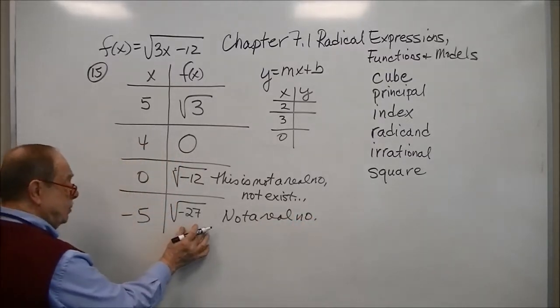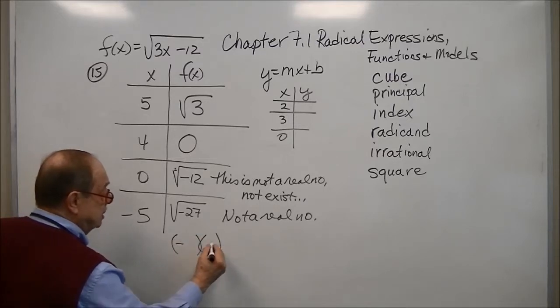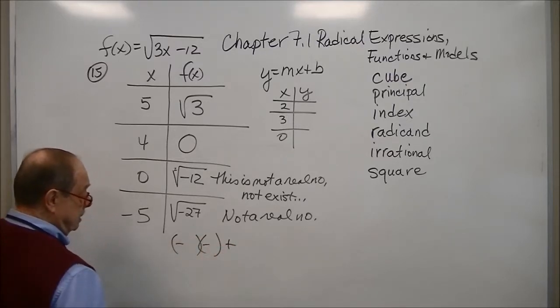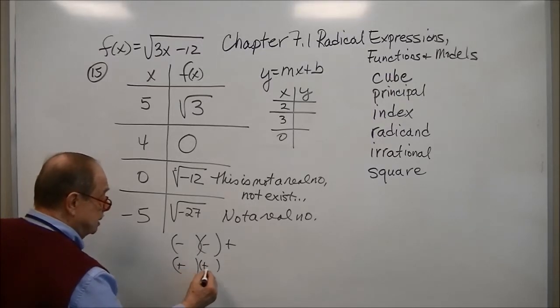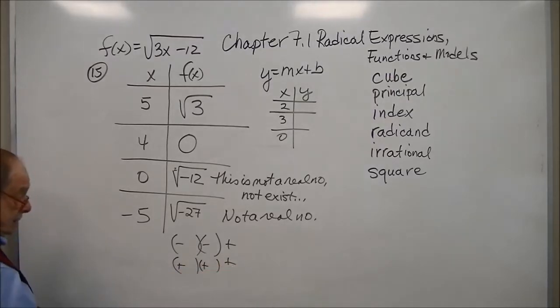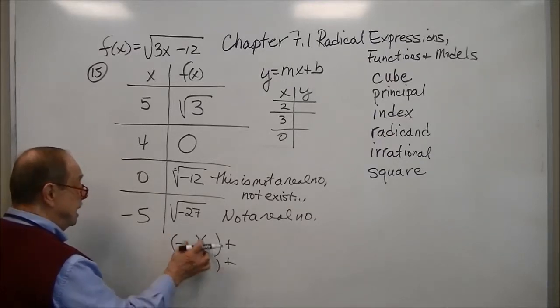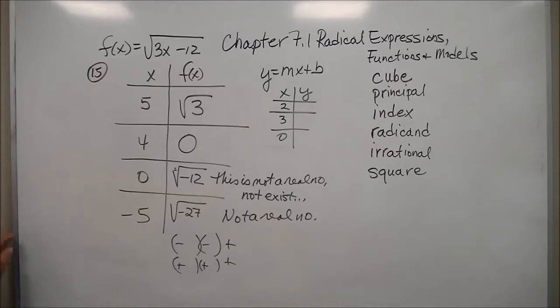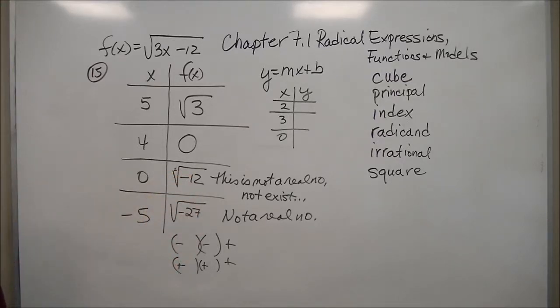Keep in mind that when you multiply two negatives, you get a plus. When you multiply two pluses, you get a plus. So there's no way to multiply two numbers that are exactly the same and get a negative. That's why we say these numbers are not real numbers.